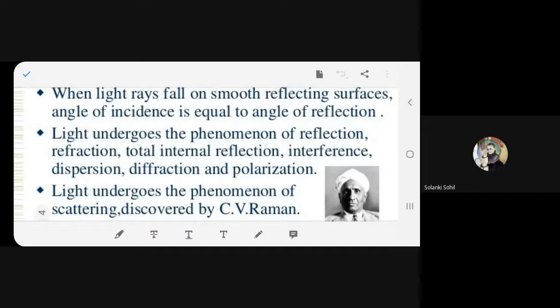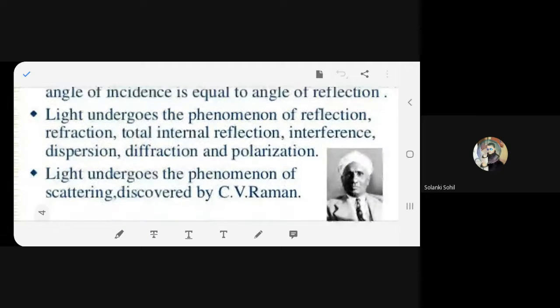Very good. Very well tried. Lastly, light undergoes the phenomenon of scattering.